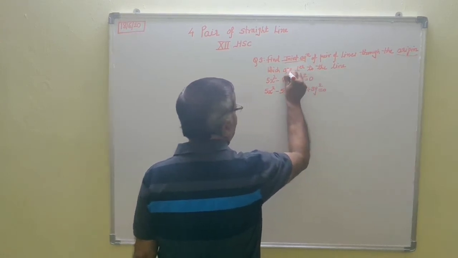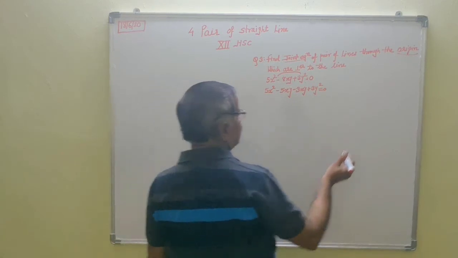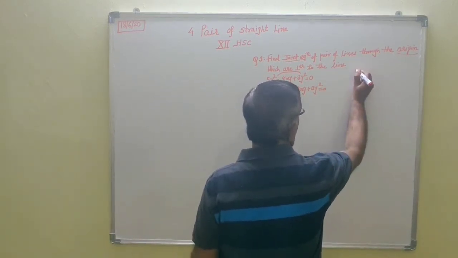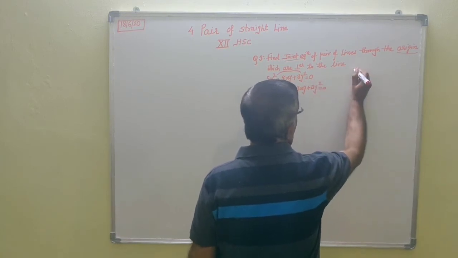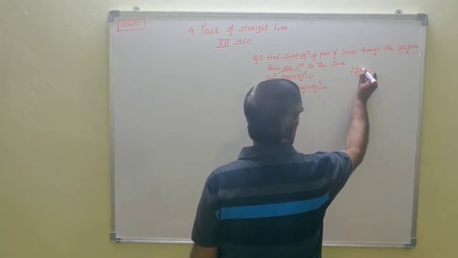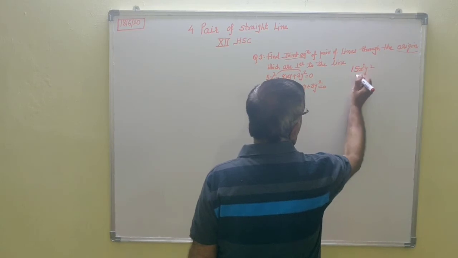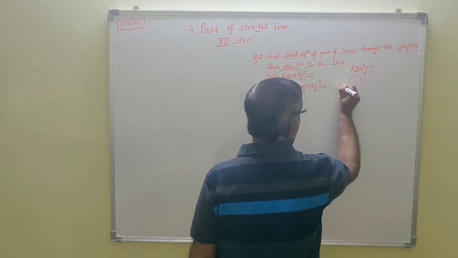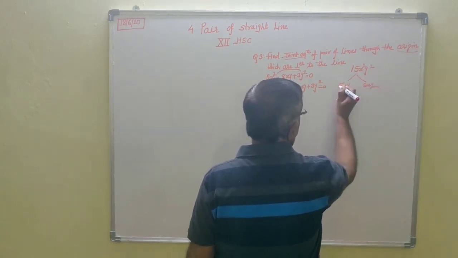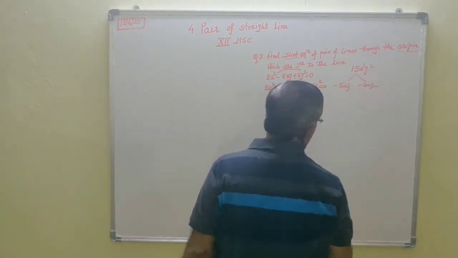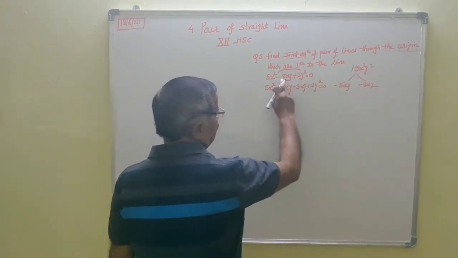You know how to multiply: 5x square into 3y square gives 15x square y square. Then this divides into 5xy and 3xy, with minus sign, this is also minus sign, so 8 will come here.